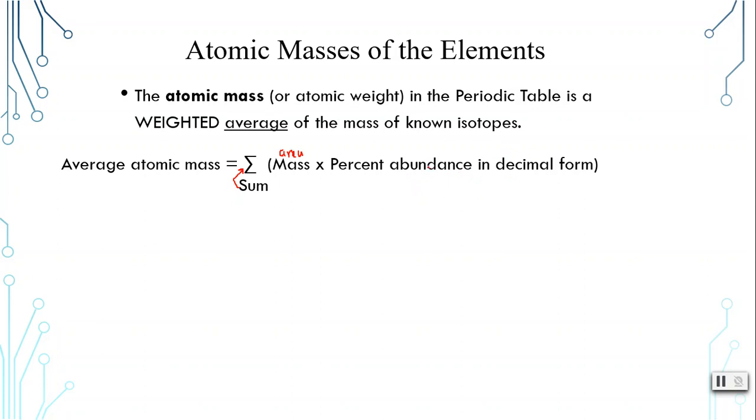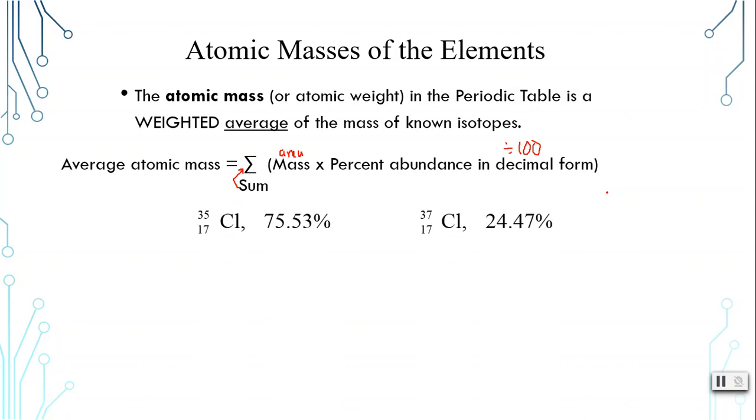So if I give you a percent abundance in percent, like I did in the previous example, you need to take it and divide by 100. So let's do an example.